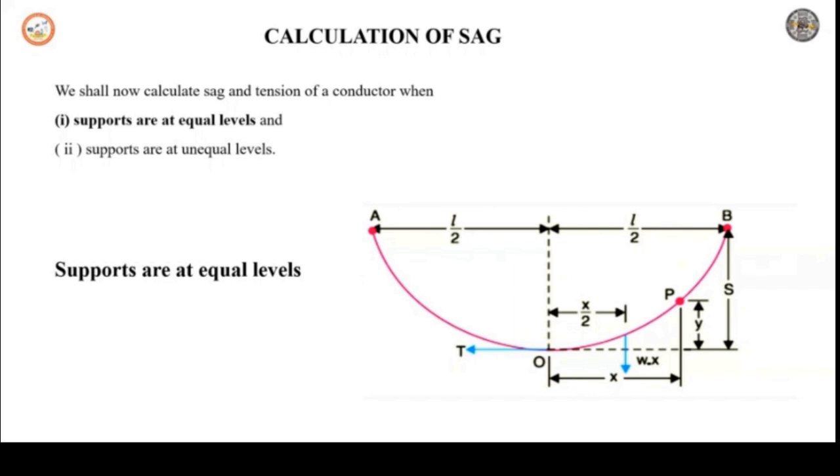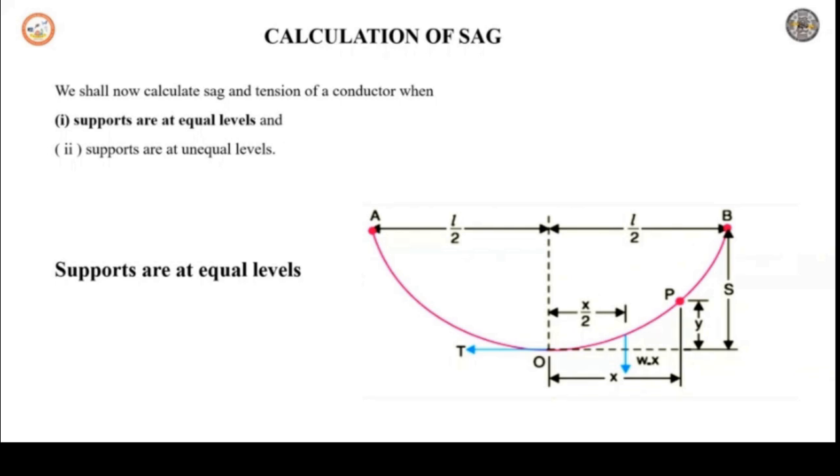According to this diagram, let point O be the lowest point on the trajectory. Mathematically, it can be proved that point O is at the midspan. Consider a point P on the conductor and let point O be the origin.